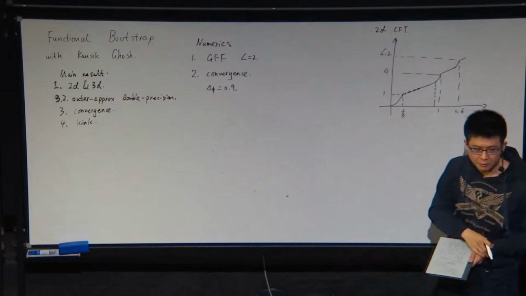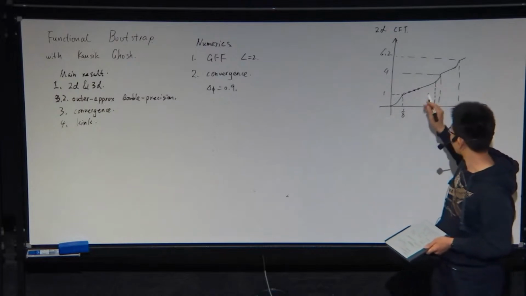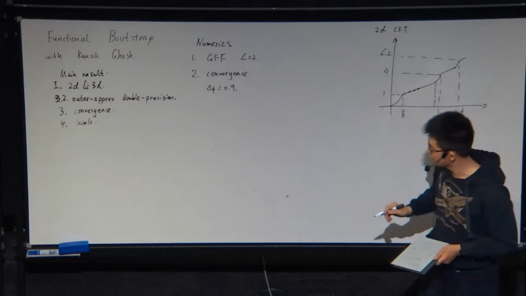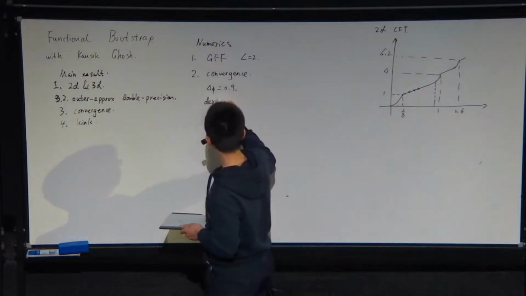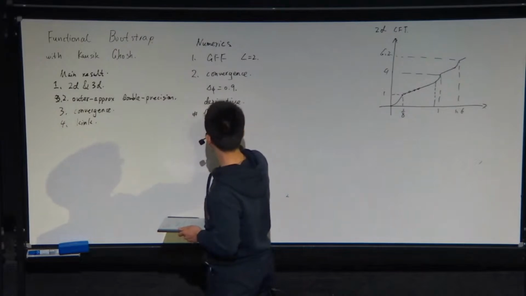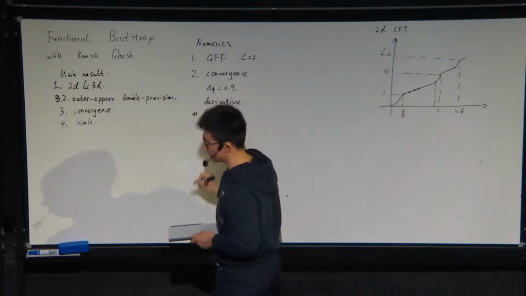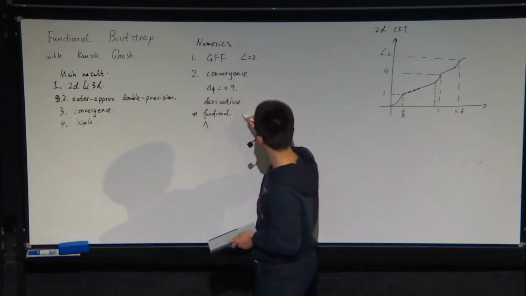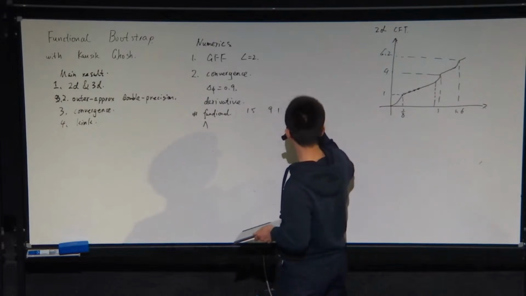Here, if you really committed the derivative basis conformal bootstrap, actually it converges very slowly. So I list some data. For the derivative, the number of functionals, or we prefer lambda here, that is 15, 91, 171.